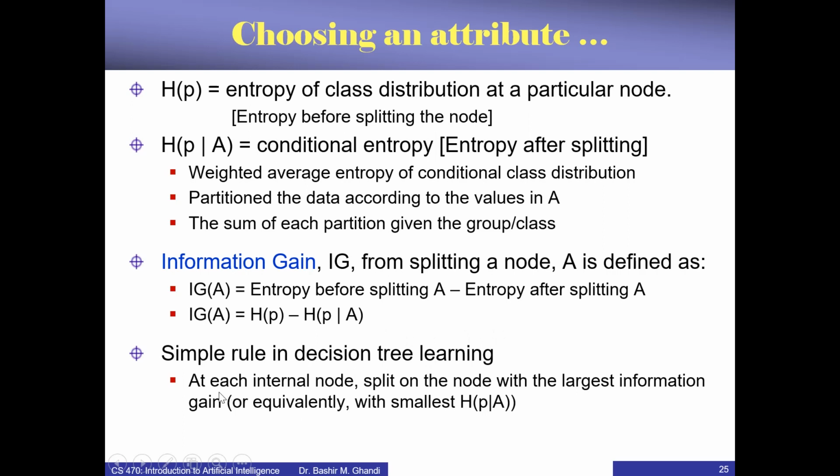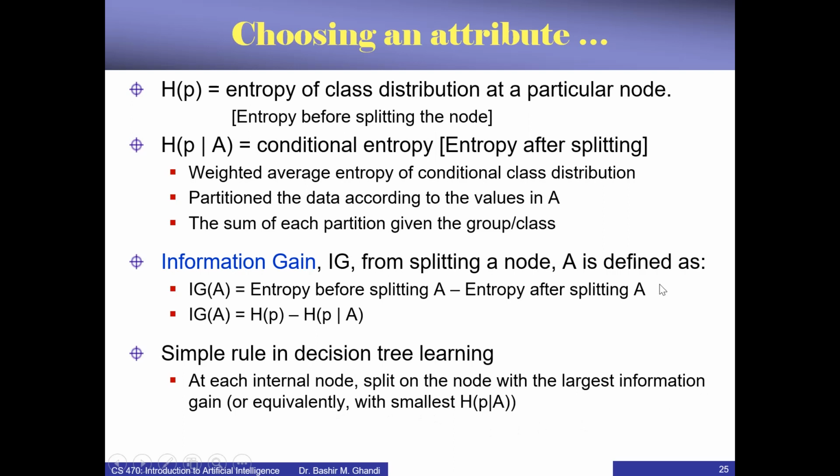So at each internal node, split a node with the largest information gain, or equivalently, the node with the smallest conditional entropy. Because we are subtracting this from the entropy before, the smaller the value we subtract, the bigger the information gain we are going to have.